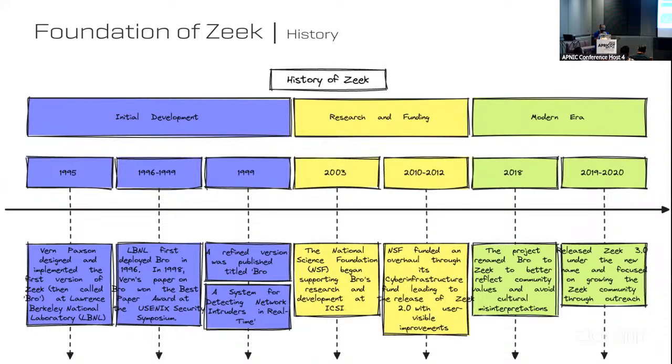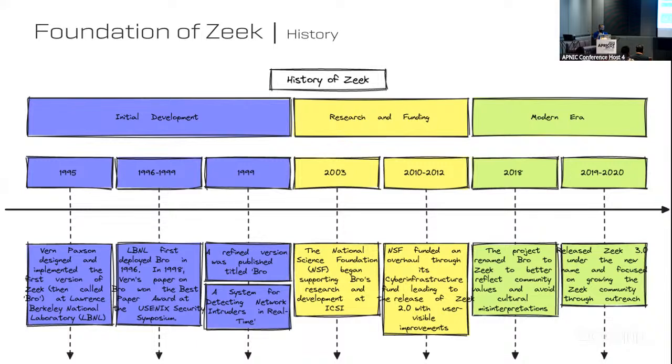But something happened near 2001 to 2003. They looked at it in a different way and renamed it from Bro to Zeek. And there is another reason.